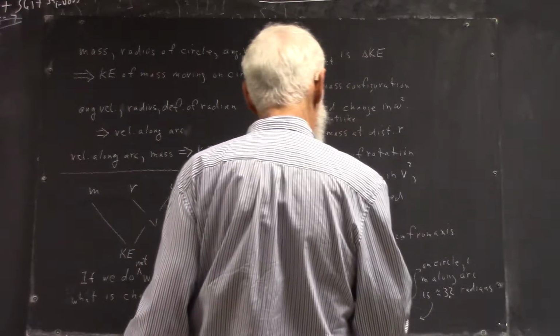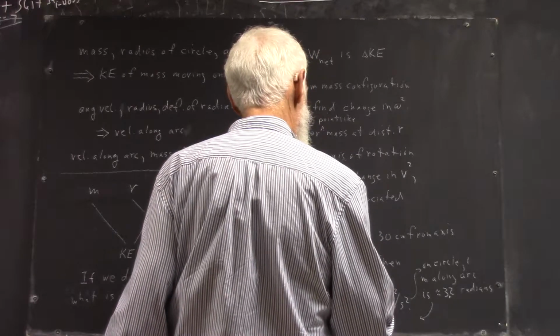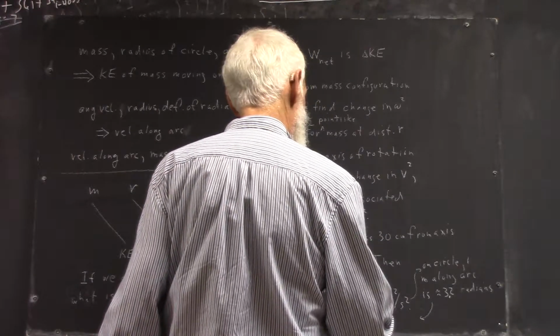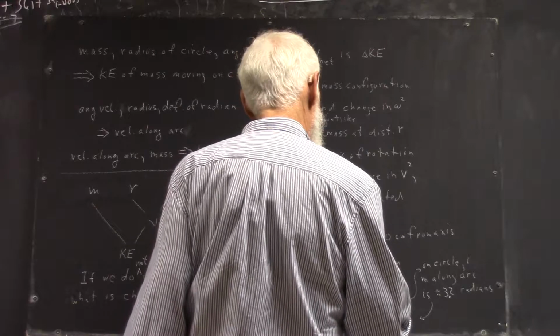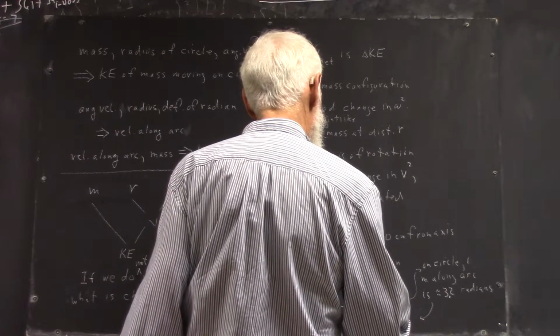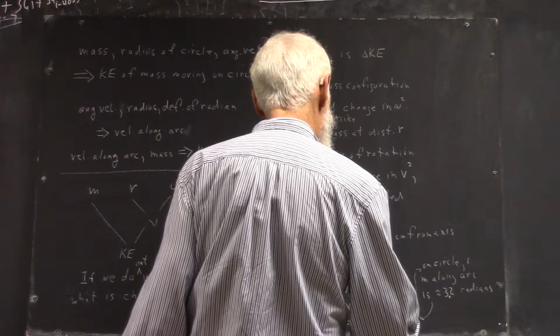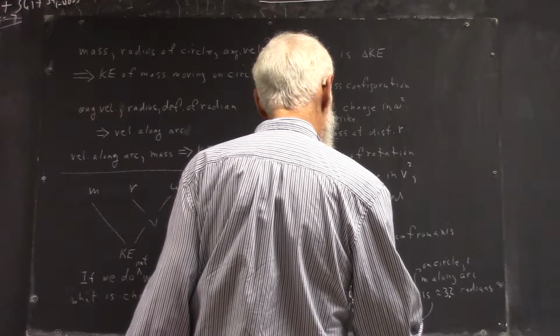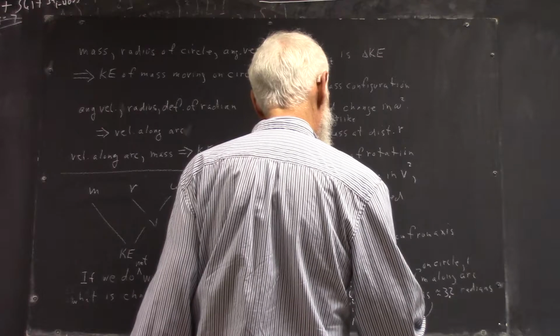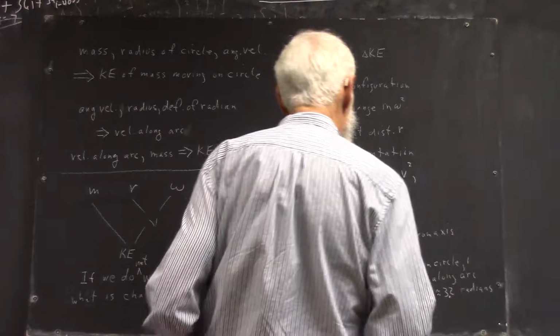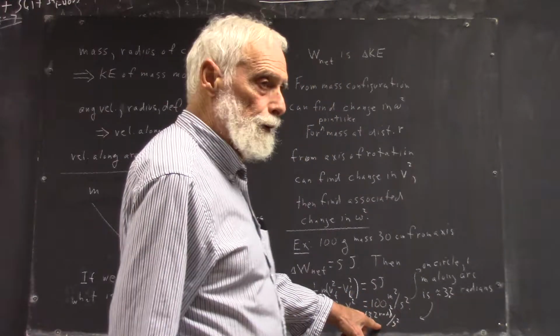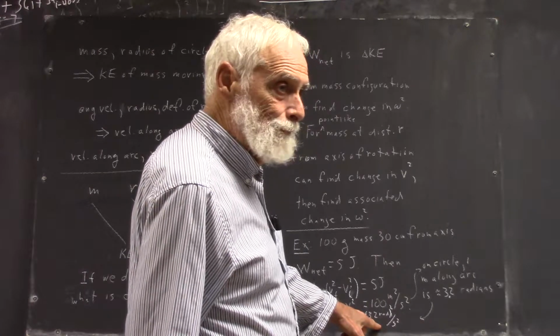So that tells you you have 100 times 3.2 radians quantity squared. Okay.